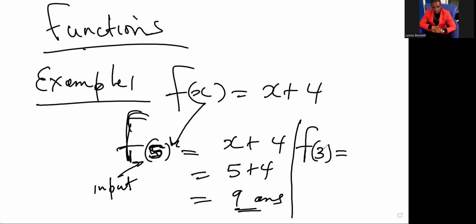Alright, try f of 3, guys. Same function.